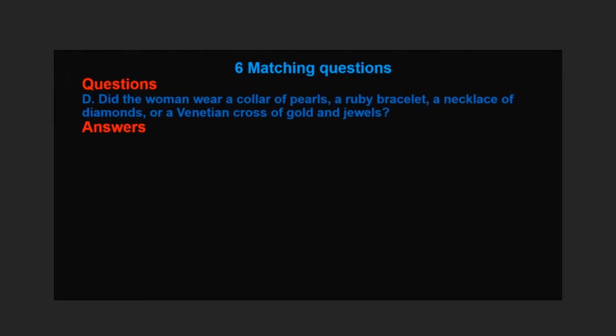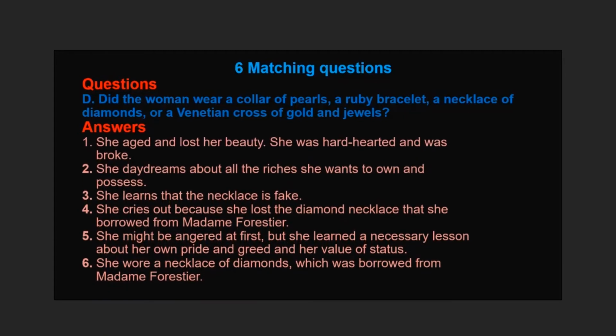This is your next question. Did the woman wear a collar of pearls, a ruby bracelet, a necklace of diamonds, or a Venetian cross of gold and jewels? Here are your answers. Select the correct answer.